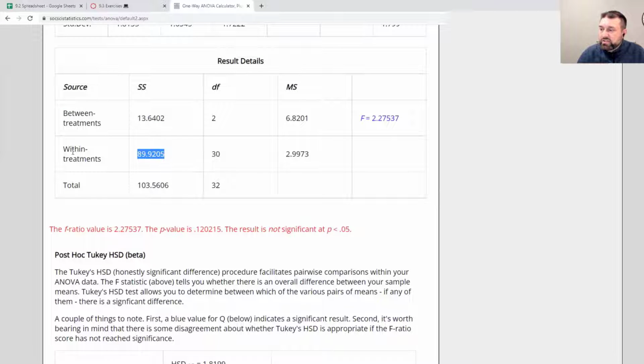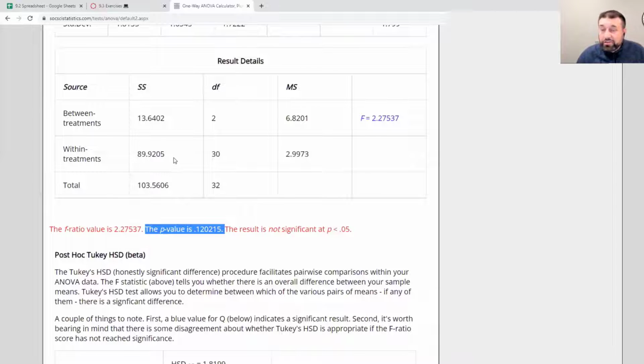Here is SSW. Here is the total. Here are the degrees of freedom. If you divide these two, you get MSB and MSW. And if you divide those numbers, you get an F score, a test statistic of 2.27. And then down below in the red text is your p-value.